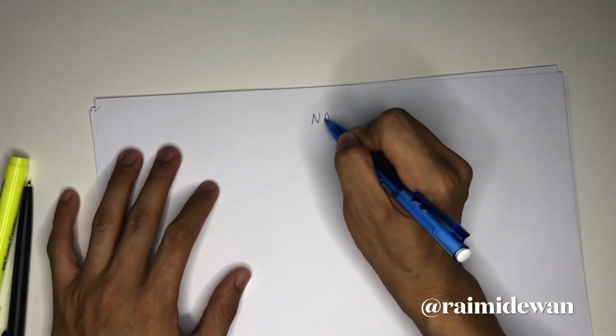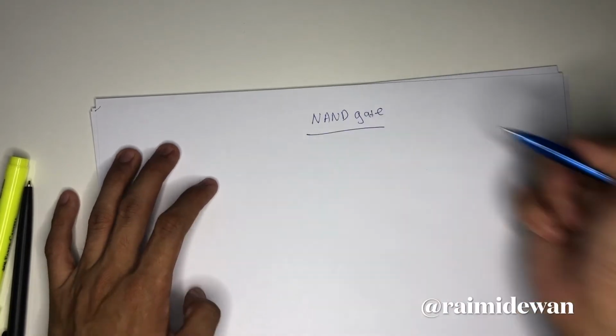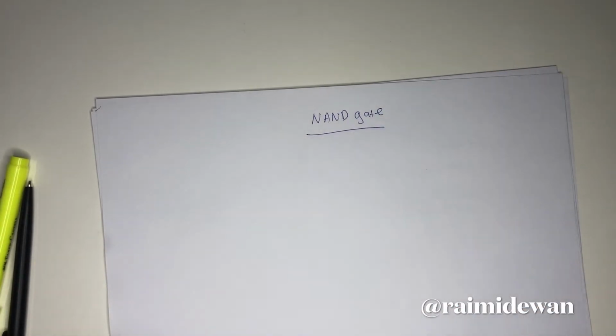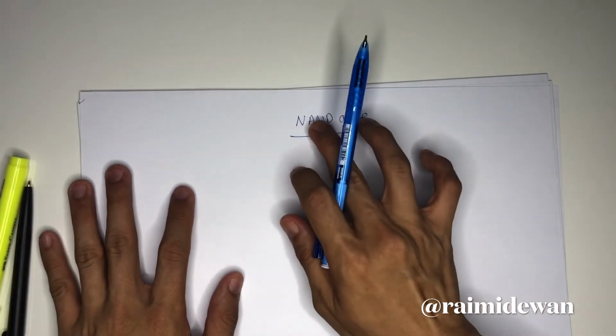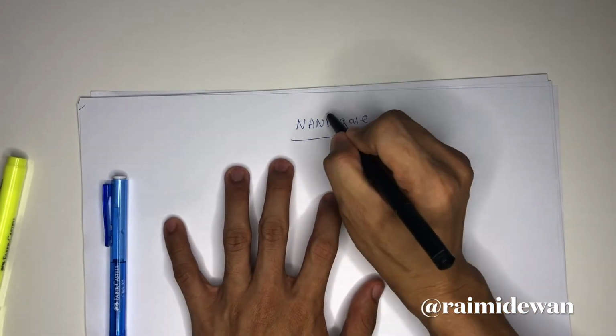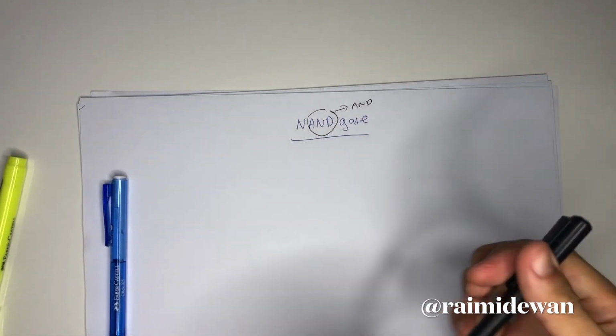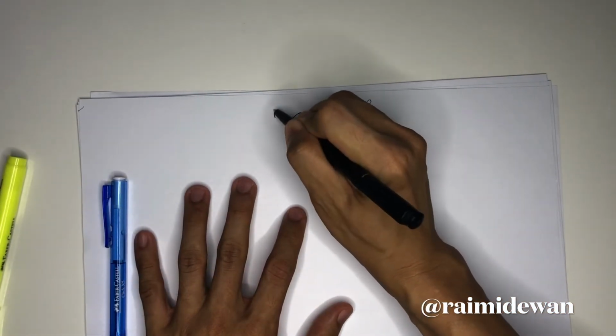Next we go to the other gate, which is the NAND gate. As the name implies, there is an element of N and there is an element of AND. This one is actually the AND gate, and this one is actually your NOT gate.